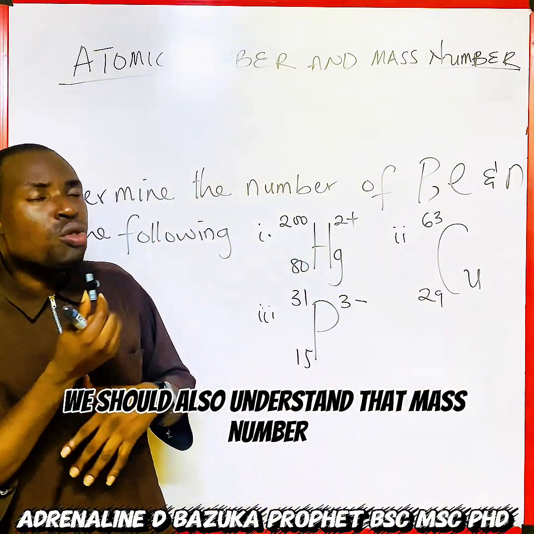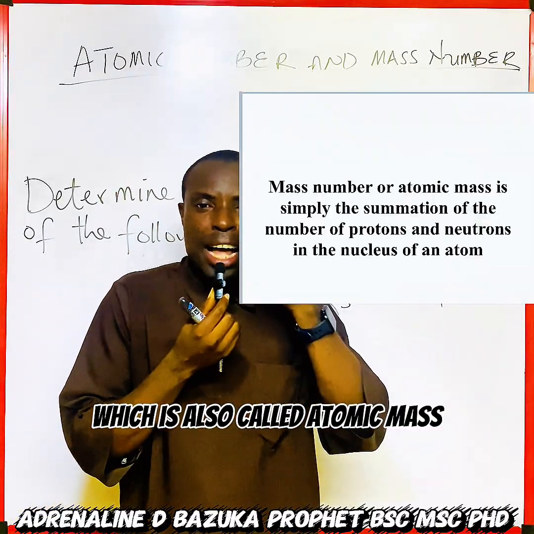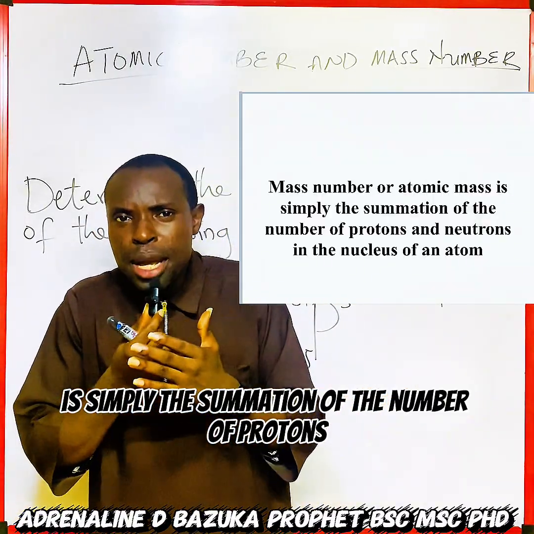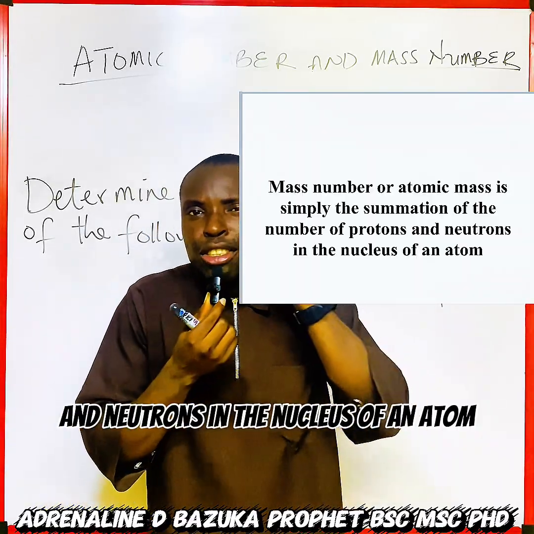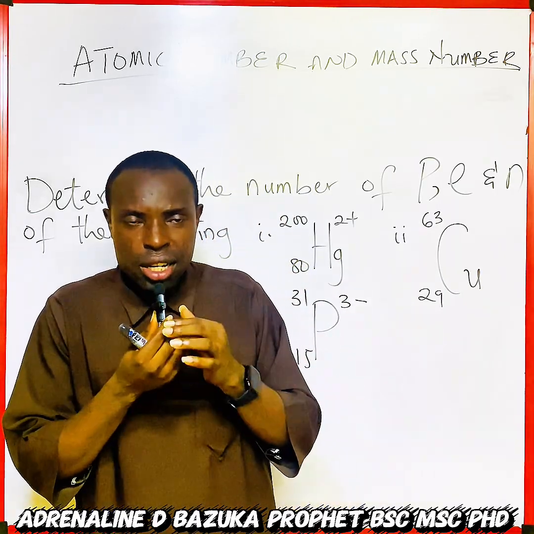We should also understand that mass number, which is also called atomic mass, is simply the summation of the number of protons and neutrons in the nucleus of an atom.